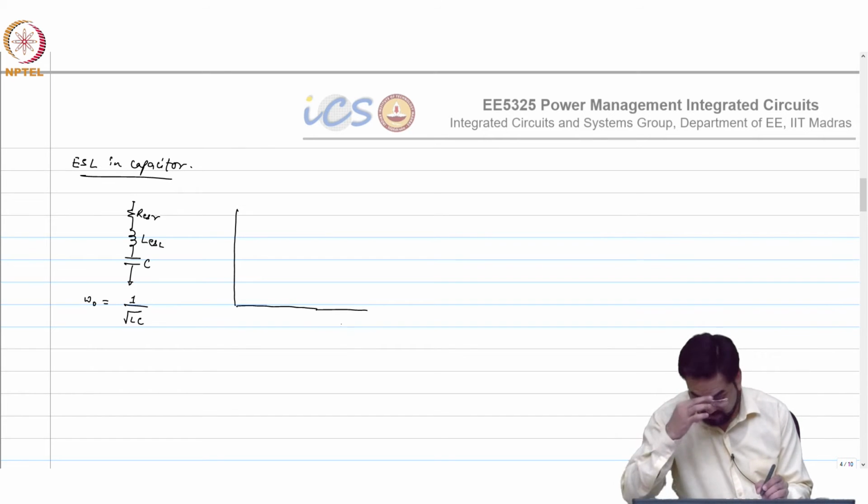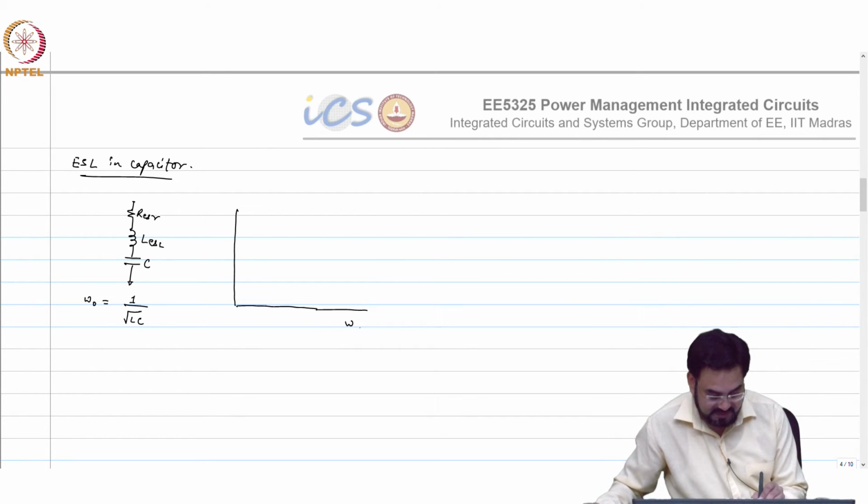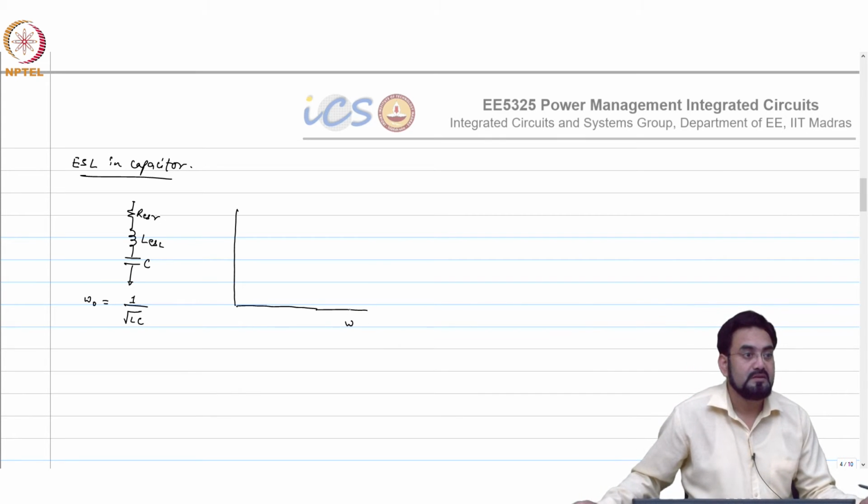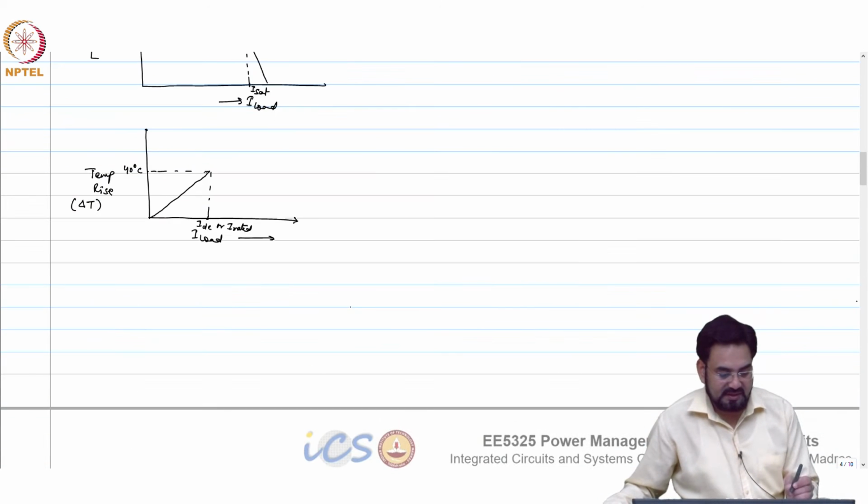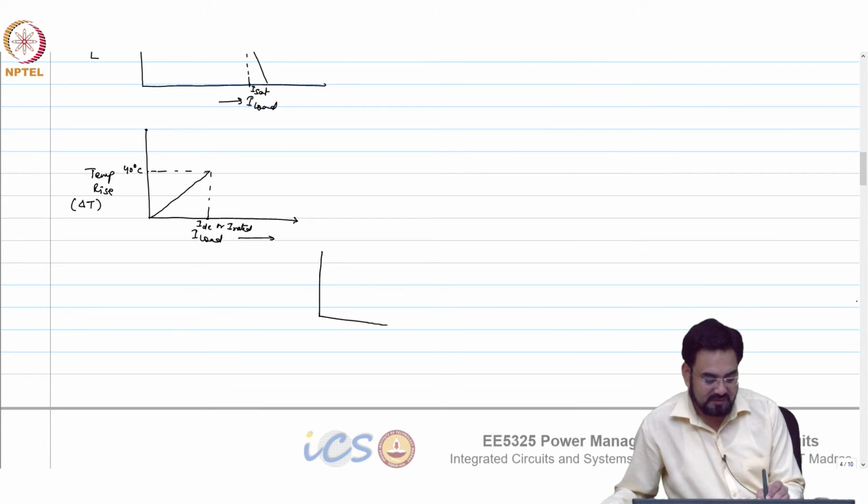So if this is your frequency, the self-resonance frequency of the inductor should be much greater than the series frequency. But sir, after resonance frequency only the inductive part starts dominating? No, no, it's not like that actually. So usually in the inductance, if you look at the curve, it's like this.